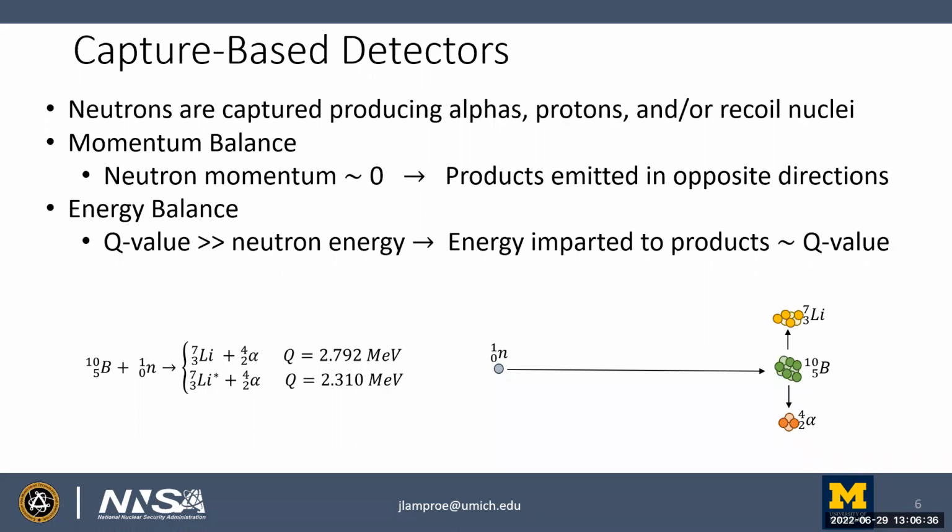In comparison, the Q values, for example 2.8 MeV and 2.3 MeV, are much, much larger than the incoming neutron energy because these neutrons are going to be thermal. So the energy shared by these two products is going to add up to about the Q value.